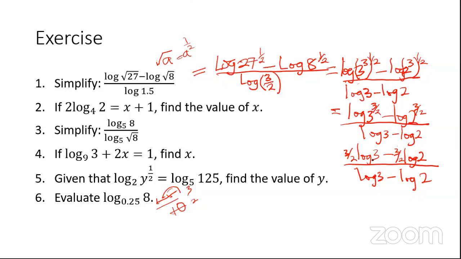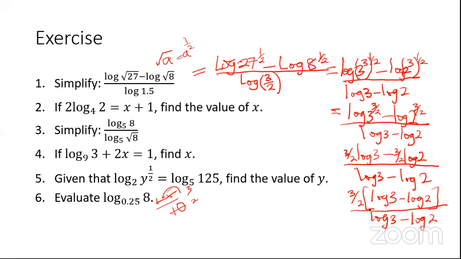Now you can see that 3 over 2 is common at the numerator. So you take it out. What do you have left? You have logarithm of 3 minus logarithm of 2, then divided by logarithm of 3 minus logarithm of 2.